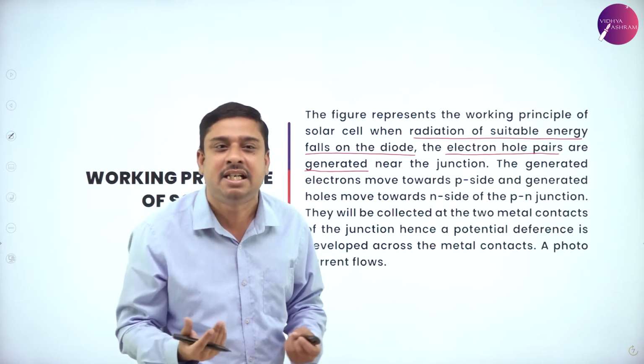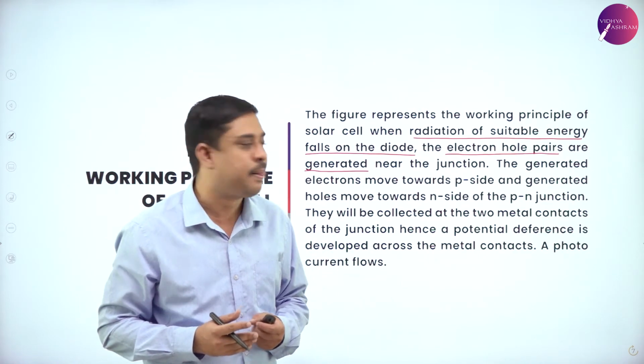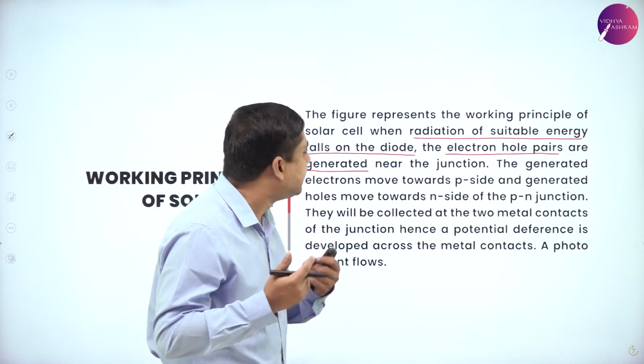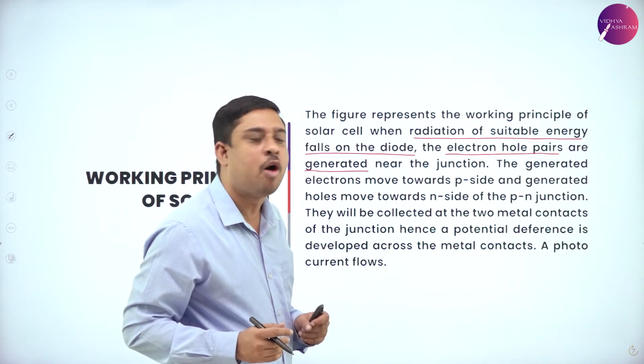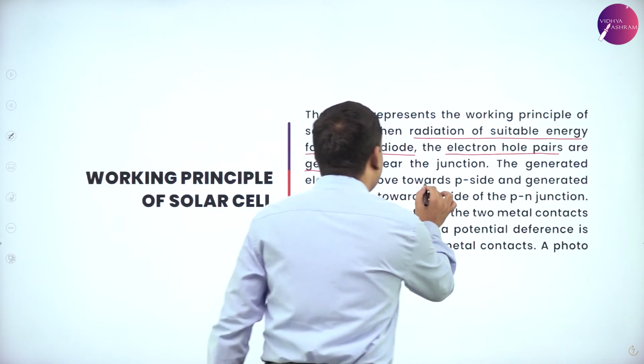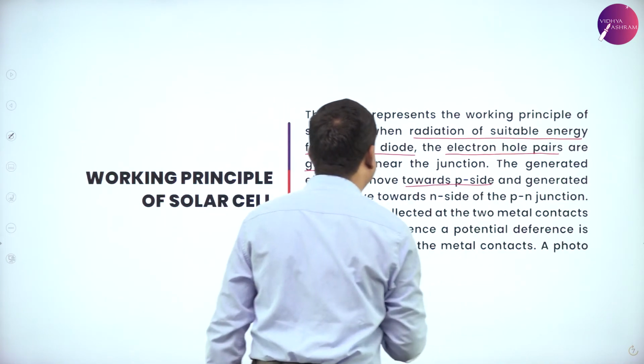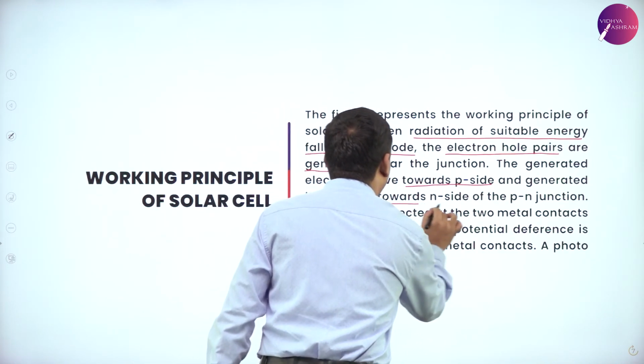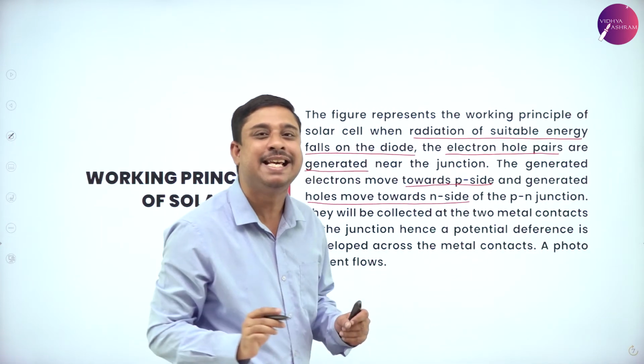Charge carriers are generated. Exactly as we saw before, the generated electrons move towards the p side and holes move towards the n side.